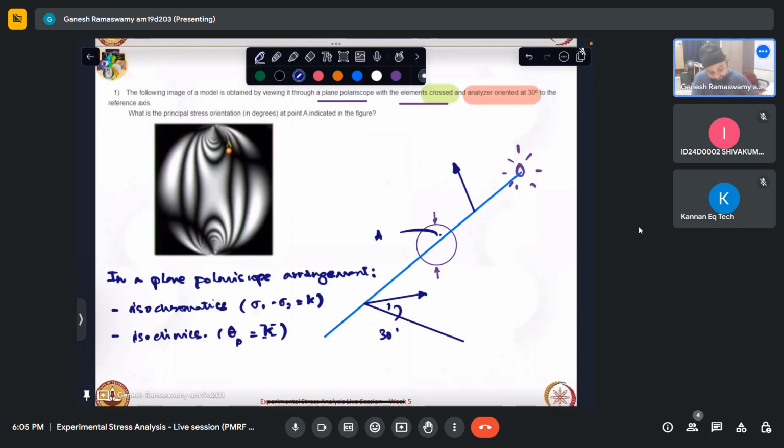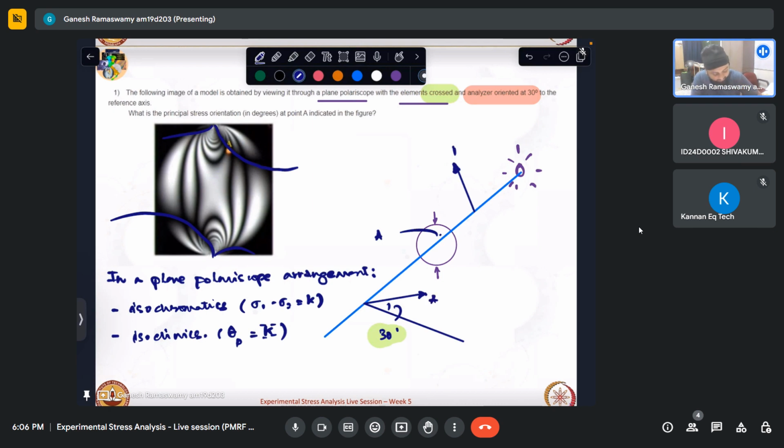Now it says we are able to see that a fringe passes through the point of interest like that, a small fringe like that. So it is asked what is the principal stress orientation in degrees at point A in the figure. It is clear that we have rotated this by 30 degrees, and that is when the plane polariscope light that was coming like that entered, passed, because the fast and slow axis are aligned with it, and it got cut by the analyzer.